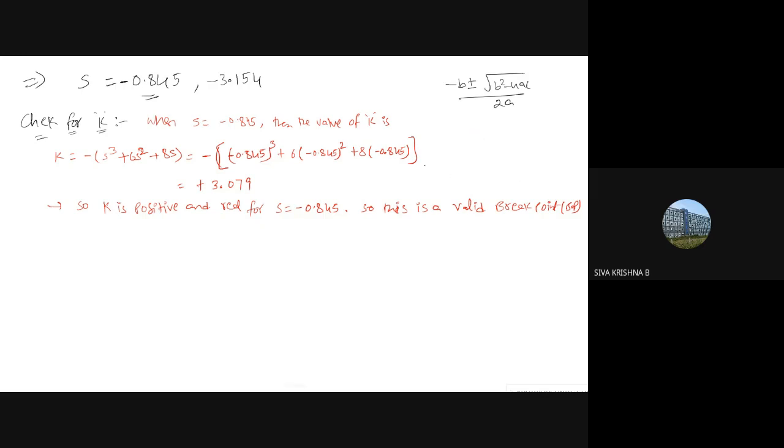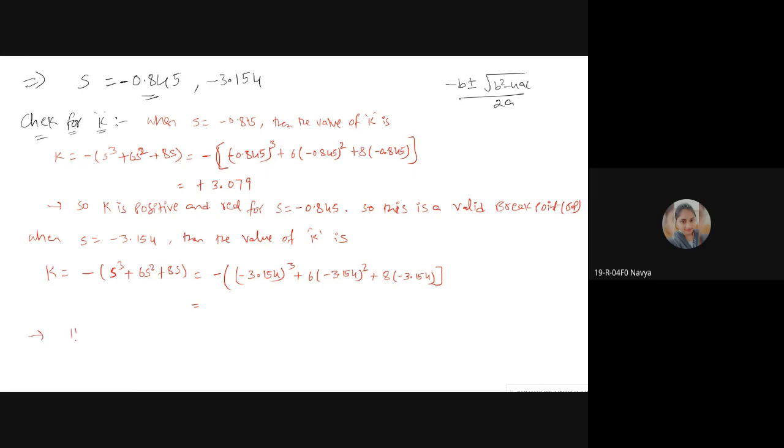Valid break point. Next, similarly put s equals to minus 3.154. Then the value of k is, same thing. So what value did it come to? Minus 3.079.